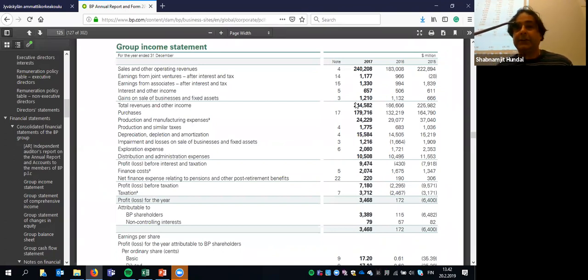Look, the total revenue minus total cost is the profit, which is this. But for example, if I have 244,582, and here is some cost of goods sold. I don't know how much. Well, I can add each of them from purchase to distribution and admin expenses, but I don't have to. When I subtract this, what I get is 9474.